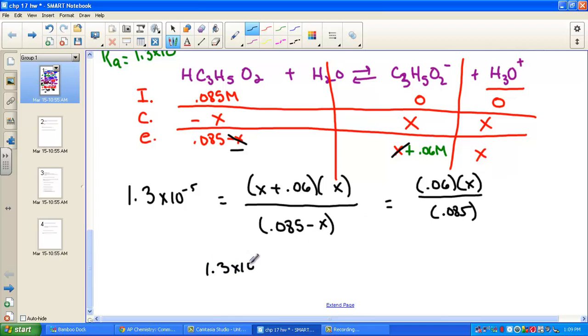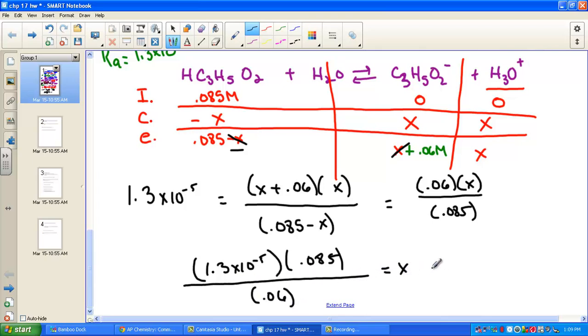So 1.3 times 10 to the negative fifth times 0.085 over 0.06 isolates our x variable. And hit that with me so I can be sure we get a common answer.